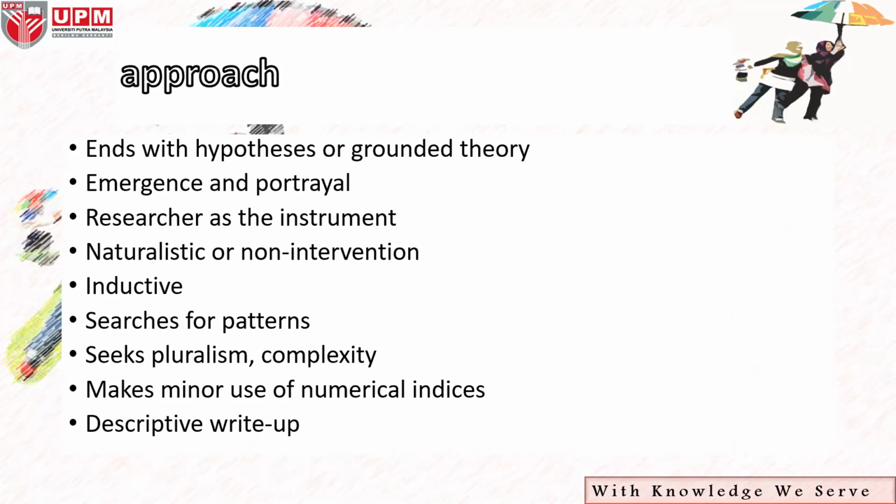Okay, emergence and portrayal, researchers as the instrument. In quantitative study, the main instrument can be the questionnaire. But in qualitative study, the main instrument is the researcher himself or herself. Instrument tu, researcher tu yang jadi instrument. Okay, sebab tu researcher ni betul-betul kena faham responden dia, siapa informant dia. Researcher kena ada skill, kemahiran interview, probing, empathy and so on, supaya dia dapat apa yang dia nak.